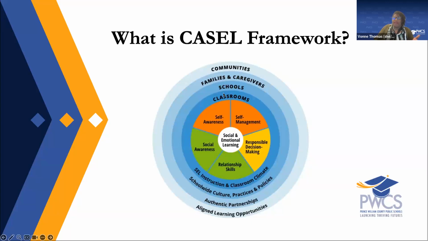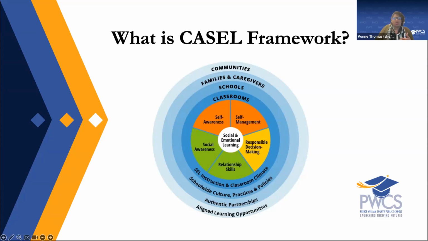Right here in the wheel, we have classrooms. So what does a classroom typically look like? Classrooms at the SEL level typically involve intentionally cultivating nurturing and safe environments, which are characterized by positive, caring relationships among the teachers and students. It looks like instruction through which social and emotional skills and attitudes are taught and practiced in developmentally, contextually, and culturally responsive ways.